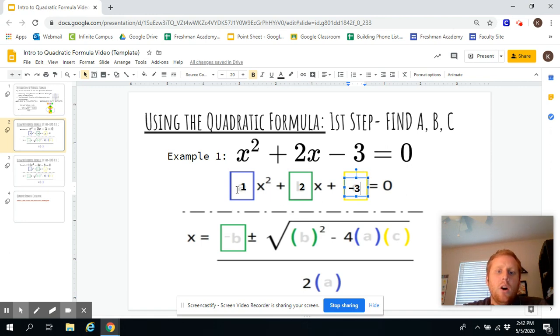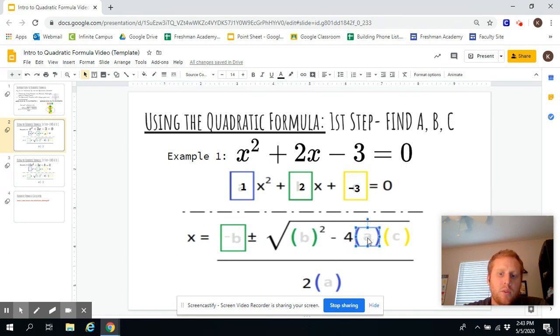Okay? Then all we do is we take this from the standard form equation and put it in the quadratic formula. So let's start off with our a first, 1. If we come right here, there's an a right here. It's negative b plus or minus square root of b squared minus 4ac all over 2a.